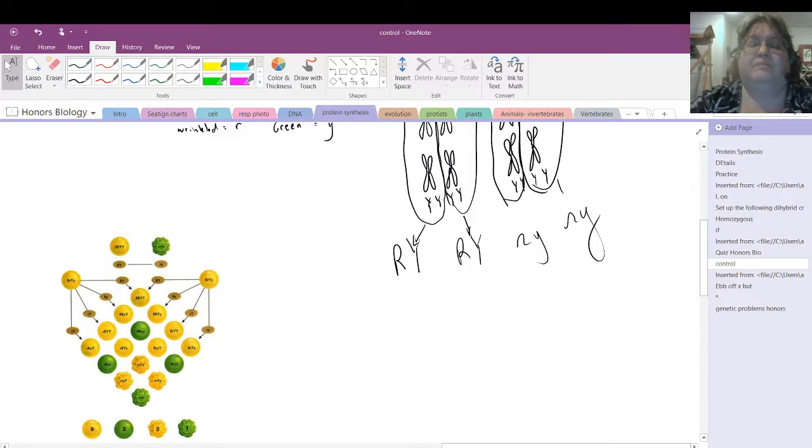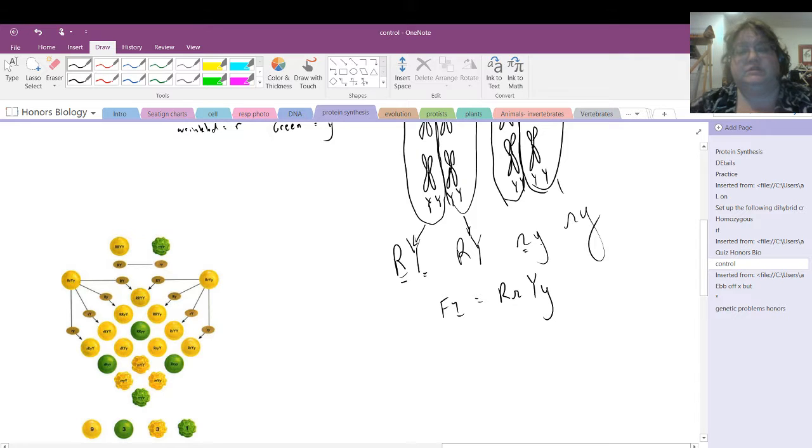Now, the offspring, this one's a little obvious. All of the offspring are going to get the big R and the big Y from this parent, and a little r and a little y from that parent. So all of the F1s would be big R, little r, big Y, little y.